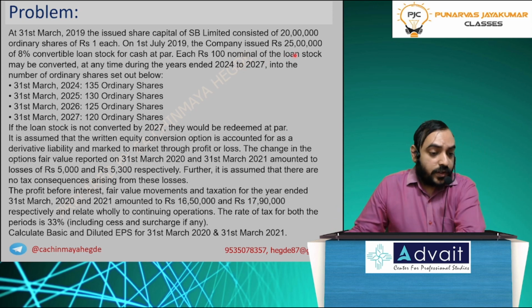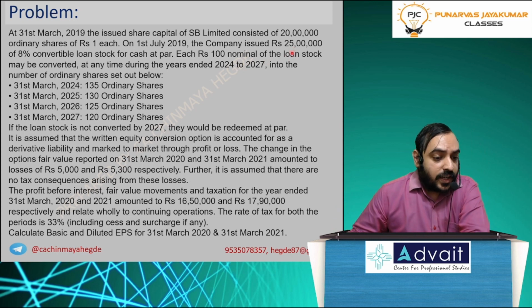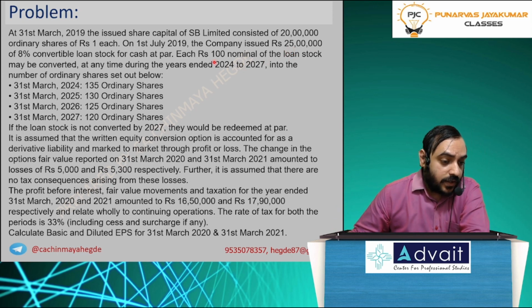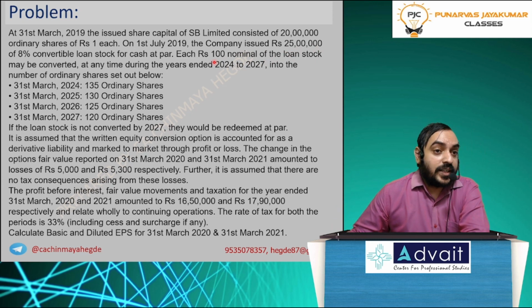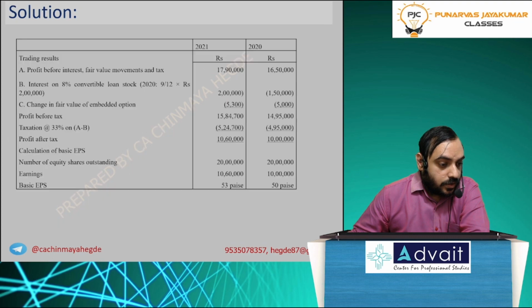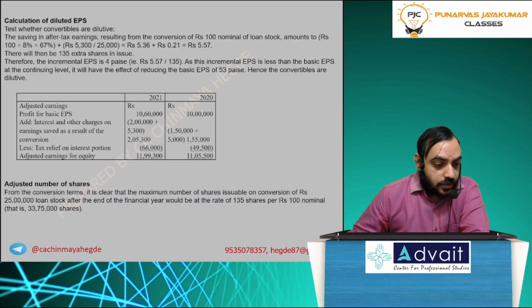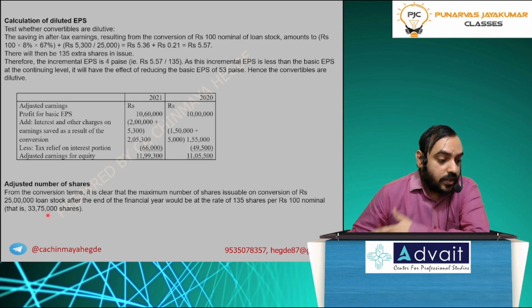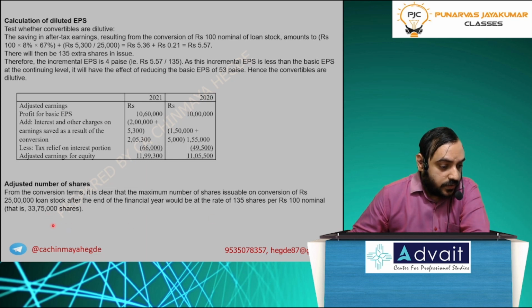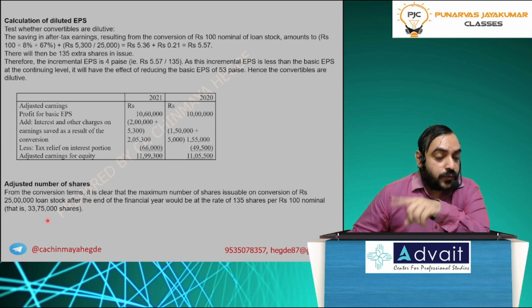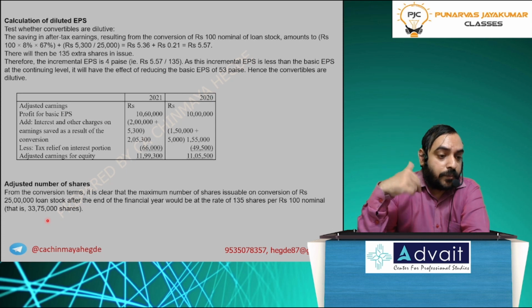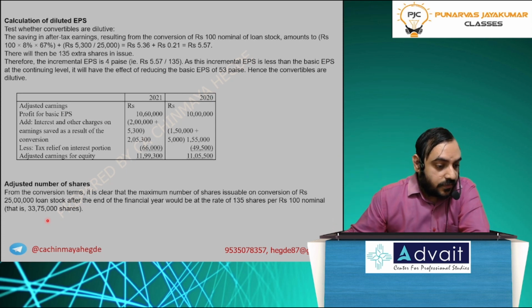So if I analyze the total number of shares, 25 lakh divided by 100 multiplied by 135 will be the number of shares actually going to be issued. 33 lakh 75,000 shares. For every 100 rupee face value, you get 135 shares. For 25 lakh, so 25 lakh by 100 into 135.